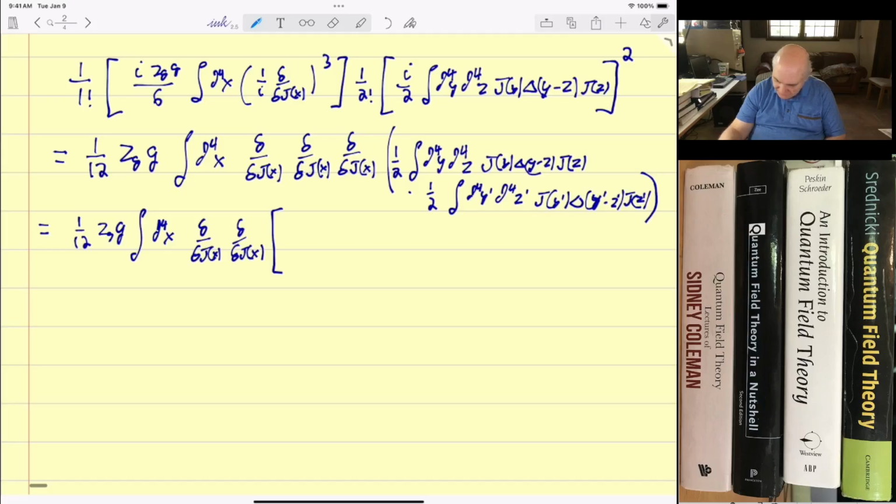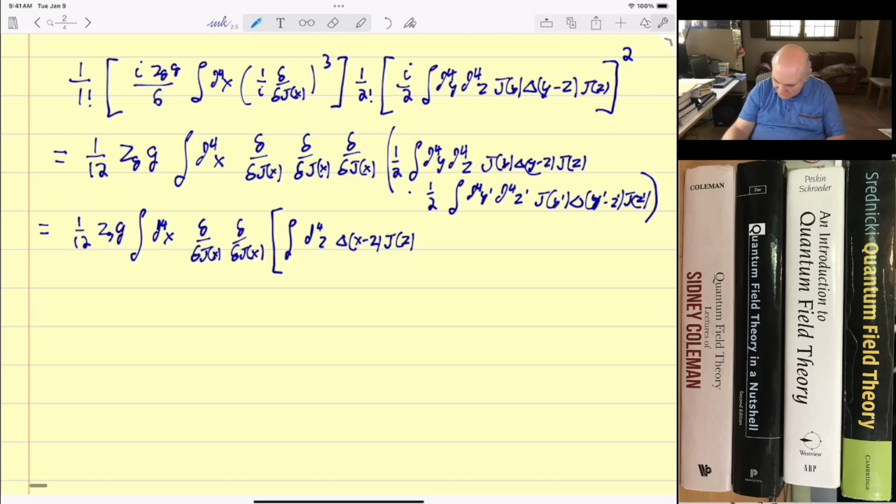Now when we take the functional derivative of the first term, again we have a product here, so it applies in two places. When we take δ/δj(x) of j(y), we get a delta function, δ(y minus x). We then integrate over y, which simply sets y equal to x. So we end up getting the integral of d4z Δ(x minus z) j(z).